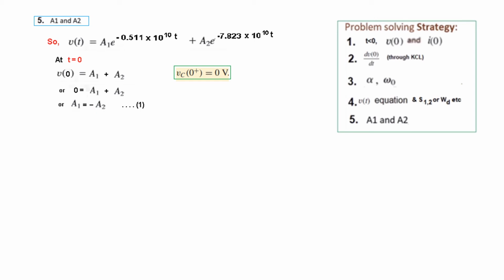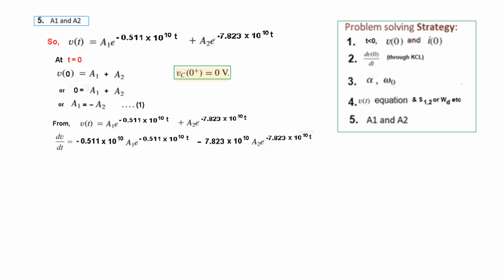We need another equation to find these variables. So we differentiate this equation with respect to t, and we get this value. I hope you can follow. And here also we put t equal to 0. So at t equal to 0, again this will become 1, this will become 1.